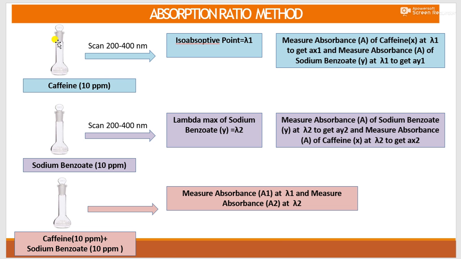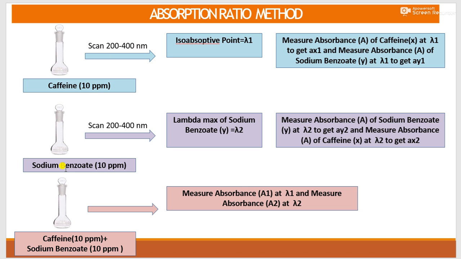So now we have three solutions with us: caffeine standard solution 10 ppm, sodium benzoate 10 ppm, and sample solution, that is caffeine and sodium benzoate, both the concentrations are 10 ppm.